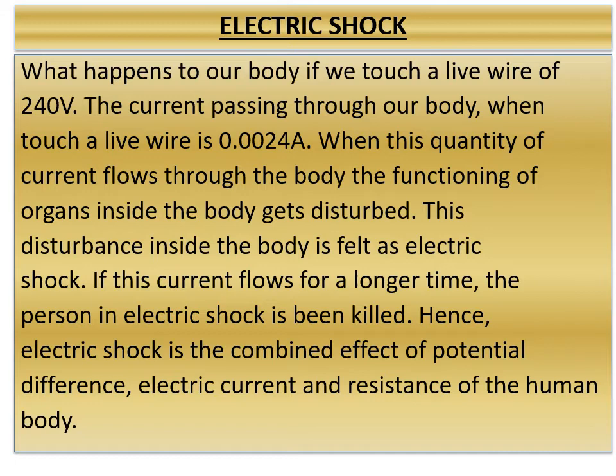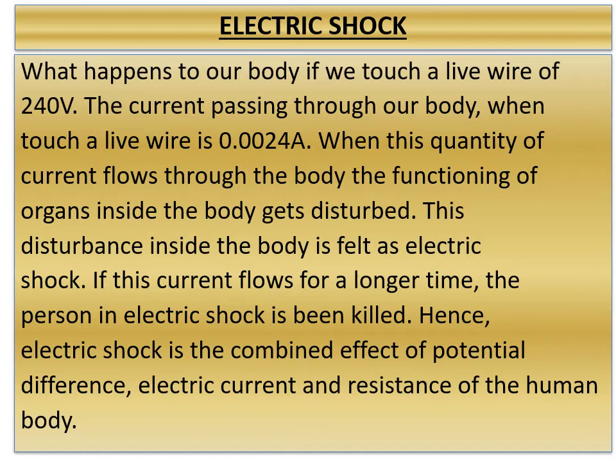So we can remember that an electric shock can be experienced when a potential difference exists between one part of the body and another part of the body. When a current flows through the human body, it chooses a path where it offers low resistance. The resistance of the body is not uniform throughout it. Our skin offers more resistance than the organs inside the body.